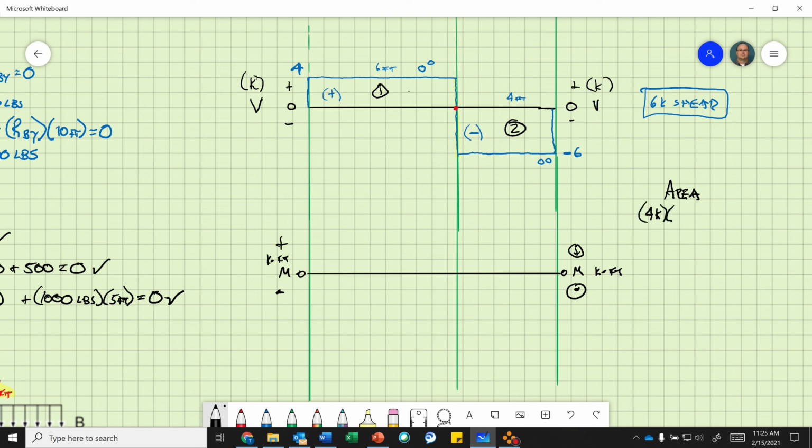And I multiply it times my length, which is 6 feet. I get 24 kip feet. Okay? And that's a positive. Now I look at this area, I get minus 6 kips times 4 feet. I get a negative 24 kip feet.